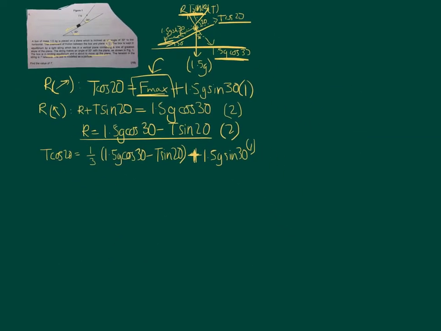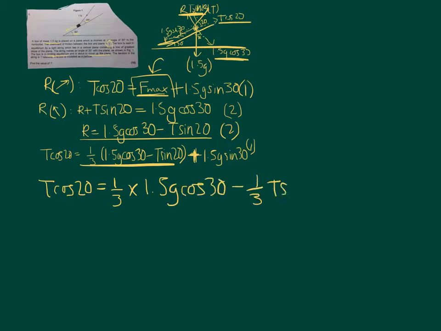Okay, so now we can multiply out this bracket, so we get T cos 20 equals 1/3 times 1.5 g cos 30 minus 1/3 T sine 20 plus 1.5 g sine 30.